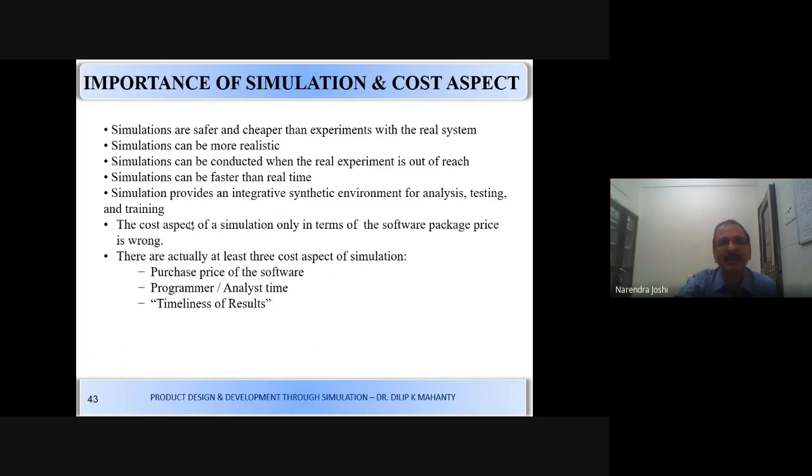Importance of simulation and cost. They're safer and cheaper than an expensive real system, a real product. They can be more realistic. Yes, as we understand the behavior and interaction, especially the mathematical tools and the material aspect, we are becoming more and more realistic with our products. It can be conducted when the real experience is out of reach.